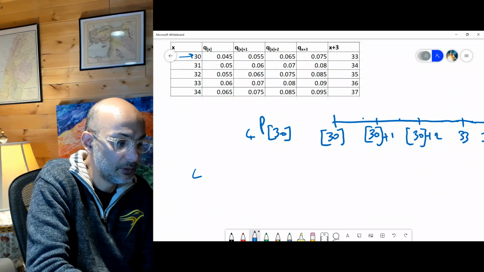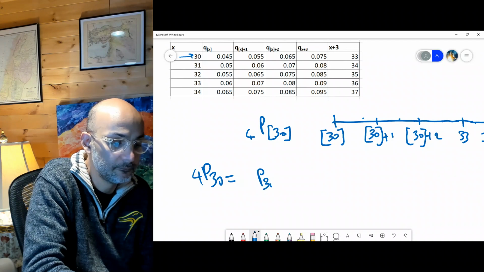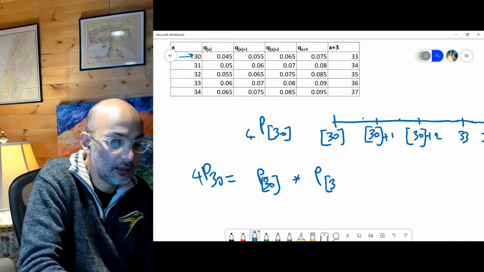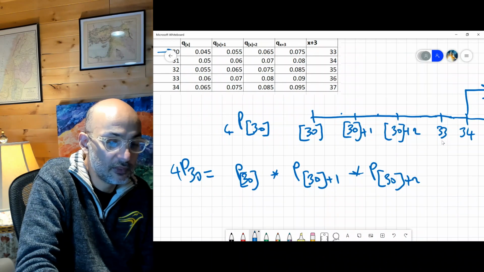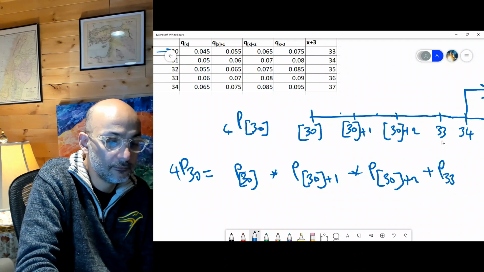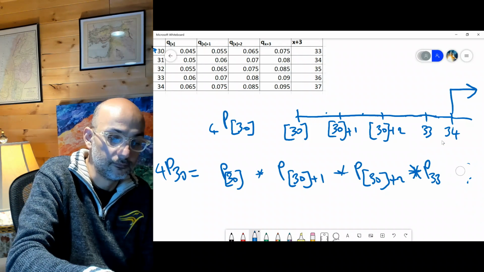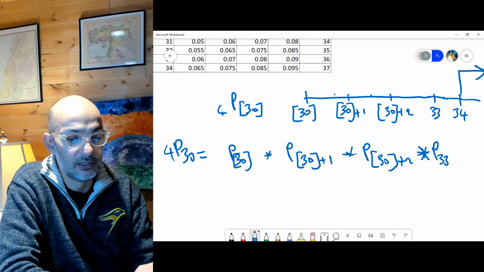So this individual must survive year 30, then survive year 30 plus 1, then 30 plus 2, then survive the year 33. Right, so you need this individual to survive 4 years.